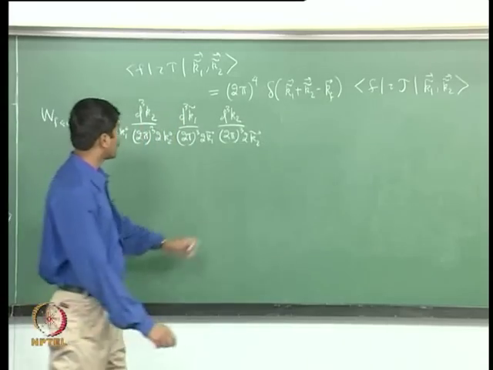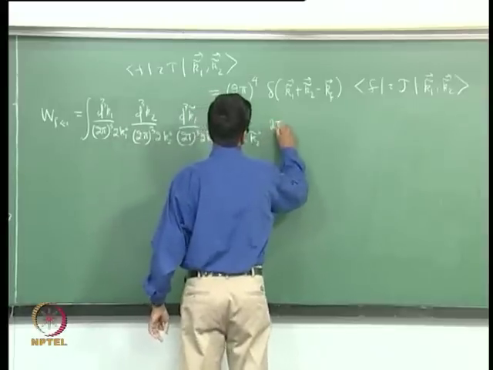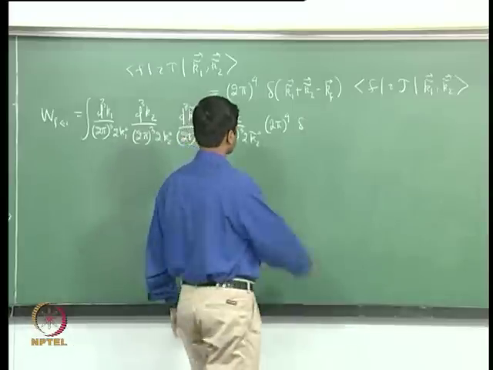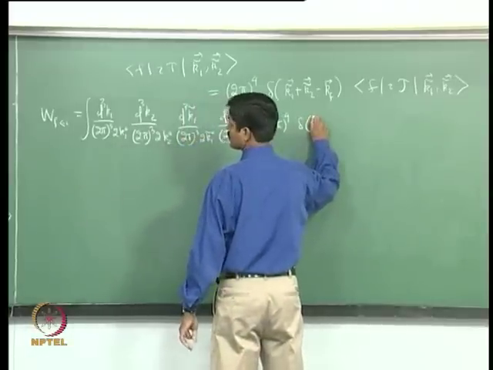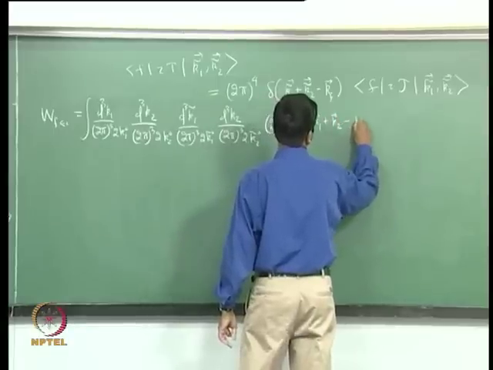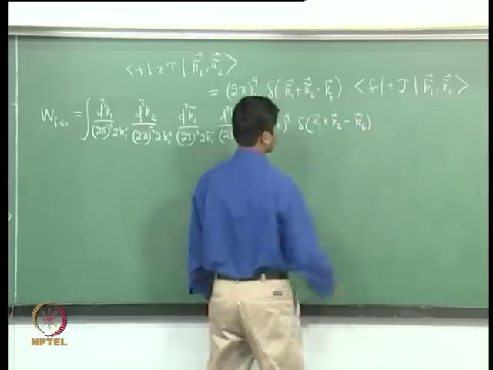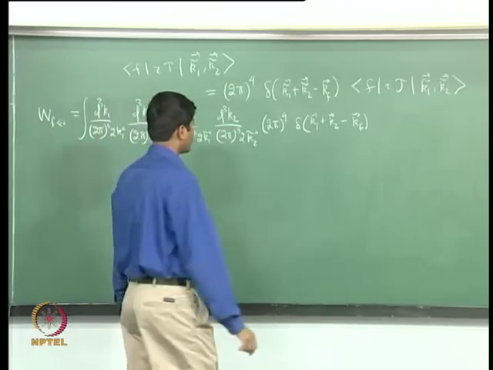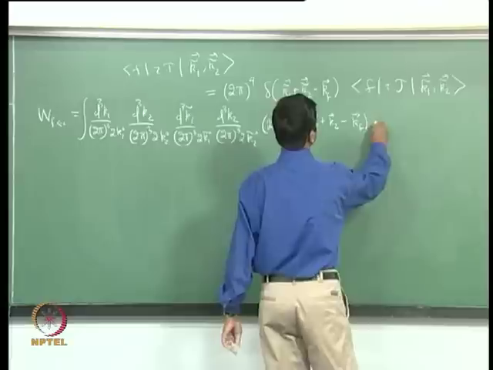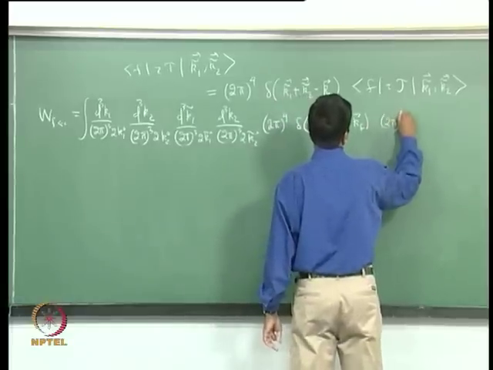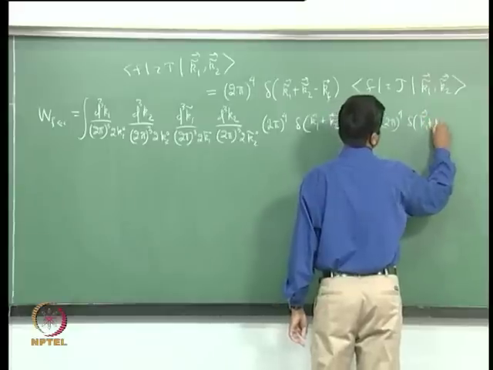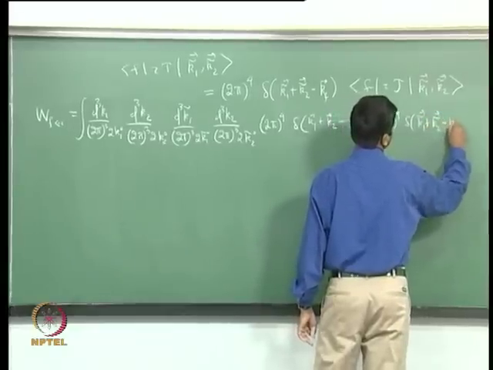and then there are these factors: (2π)^4 delta of k1 plus k2 minus kf, right, and then (2π)^4 delta of k1 tilde plus k2 tilde minus kf.